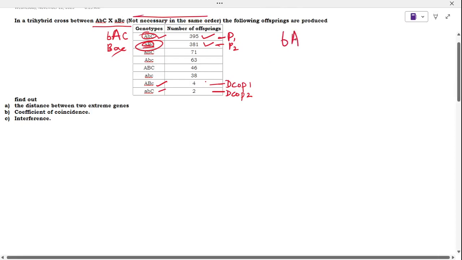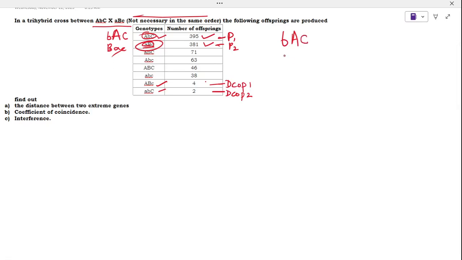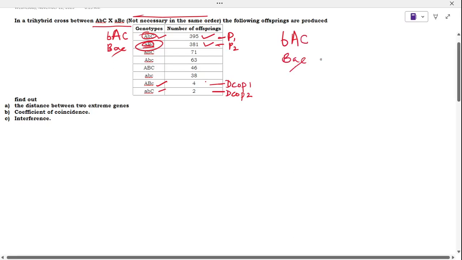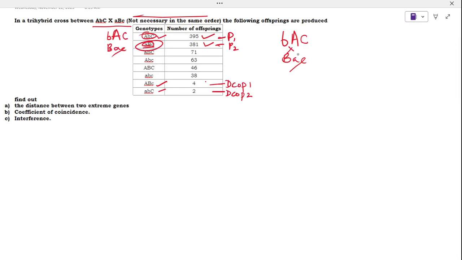Small b, capital A, capital C and capital B, small a, small c will be the two parental combinations. First, we'll find the single crossing over product with respect to BA. Assume that this crossing over happens; it gives rise to this combination. The first combination is small b, small a, small c, and this combination is capital B, capital A, capital C.